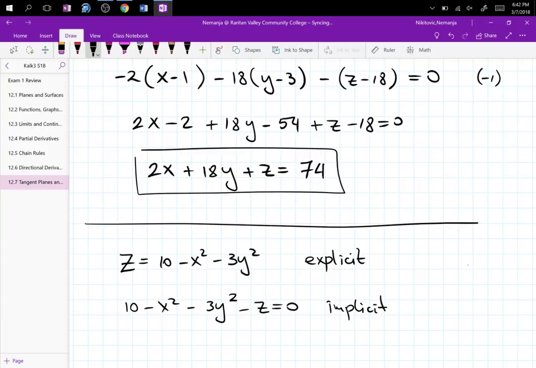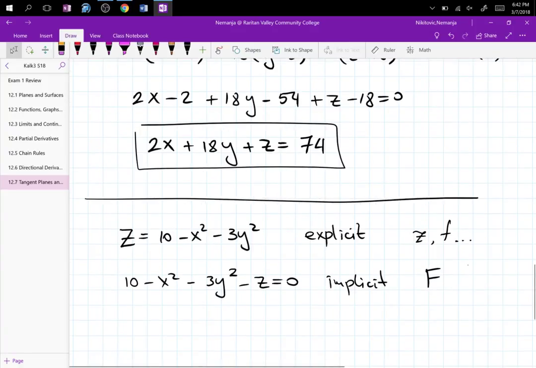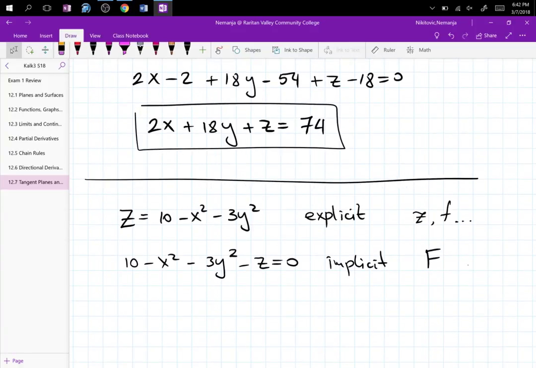The notation for the one on top would be lowercase z, lowercase f, and so on, and the one on the bottom is capital F. If you look at your formula in a textbook, they don't say fx like I said fx. They say capital Fx of (a, b, c).